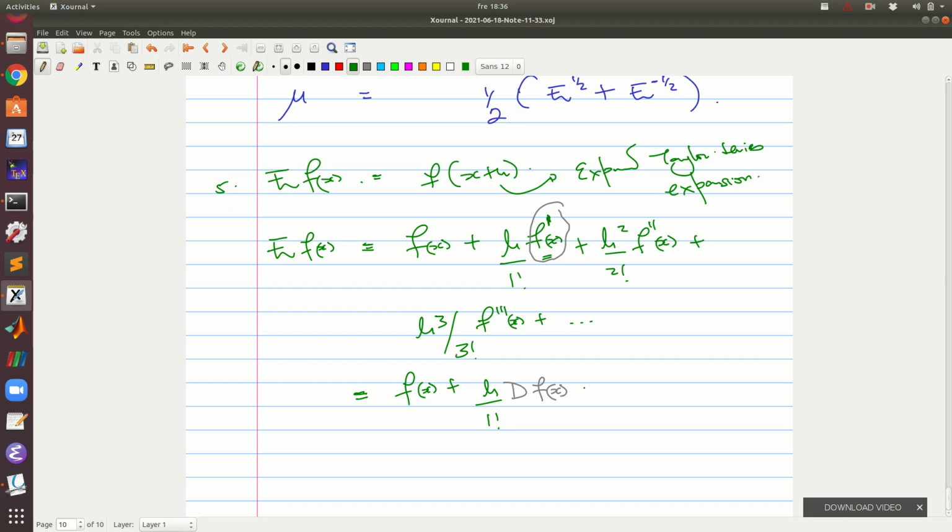Similarly, this is going to be h squared over 2 factorial, then the second differential operator of f at x, plus h cubed over 3 factorial, the third differential operator of f at x, and so on.